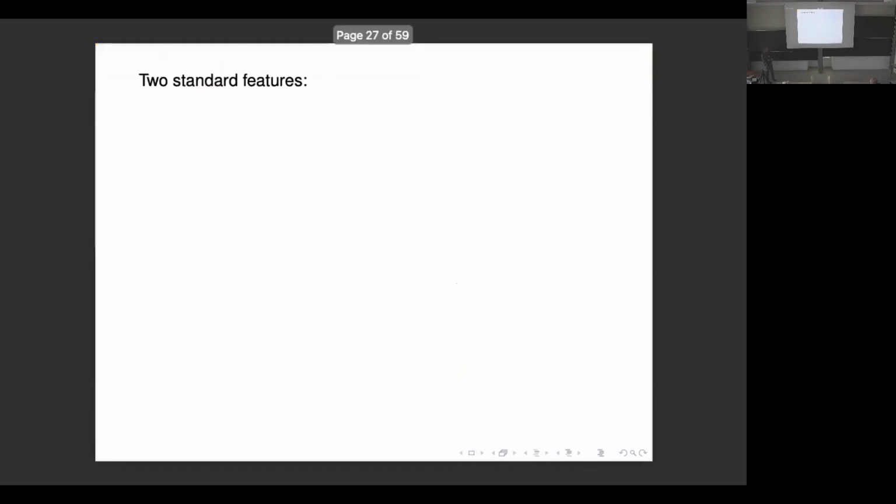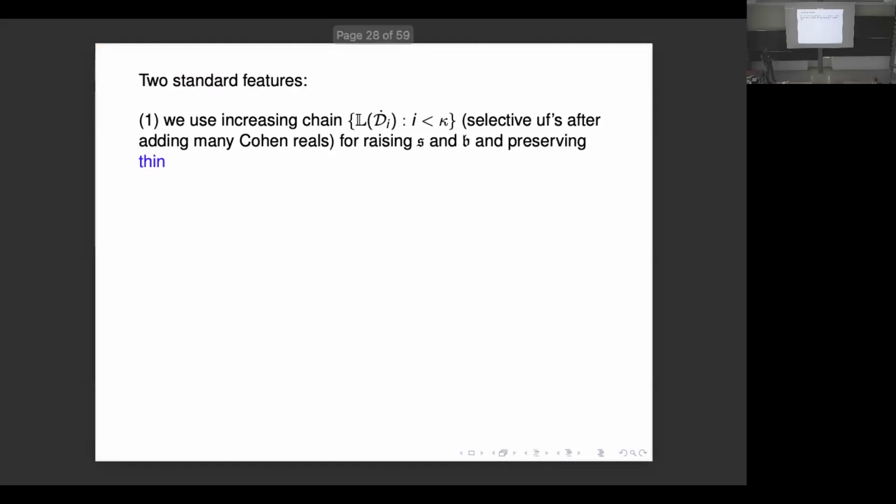Okay, so the 2 standard features of the method: we add a whole bunch of Cohen reals, which allows us to construct at every stage a bunch of selective ultrafilters. And using an increasing chain of ultrafilters fits the matrix iteration methodology, where the complete embeddings work.